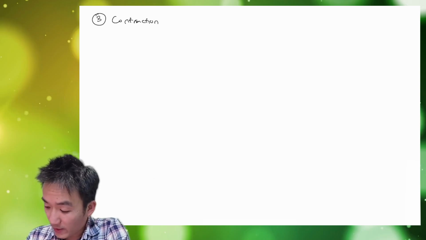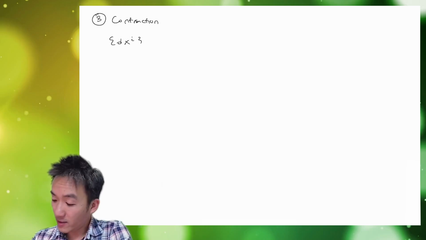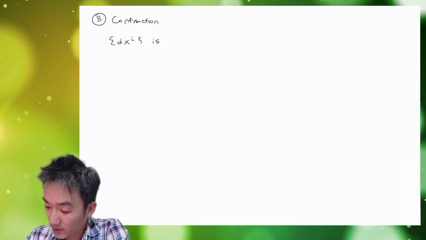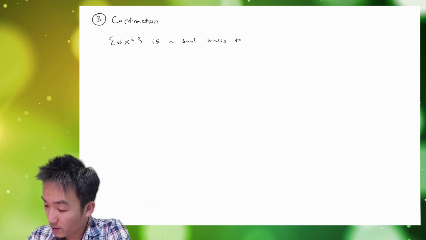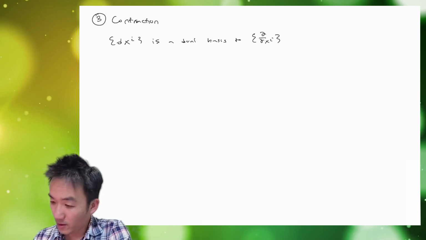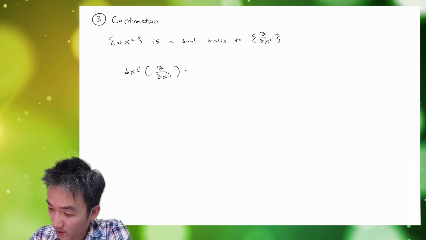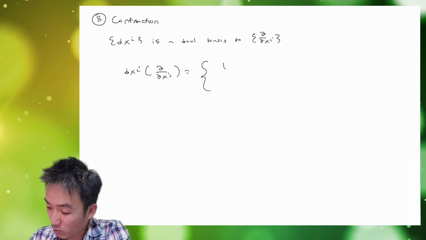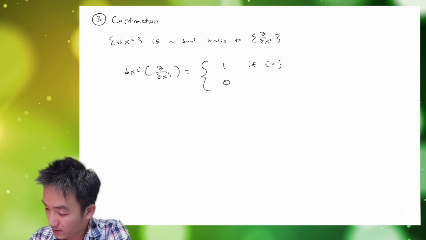So we have our set of cotangent vectors dxi from 1 to n, and that, recall, is the dual basis to our set of coordinate tangent vectors, right? What does that mean? It means that if I take a dxi and I evaluate it on a partial xj, well, I get 1 if i is equal to j and 0 otherwise.